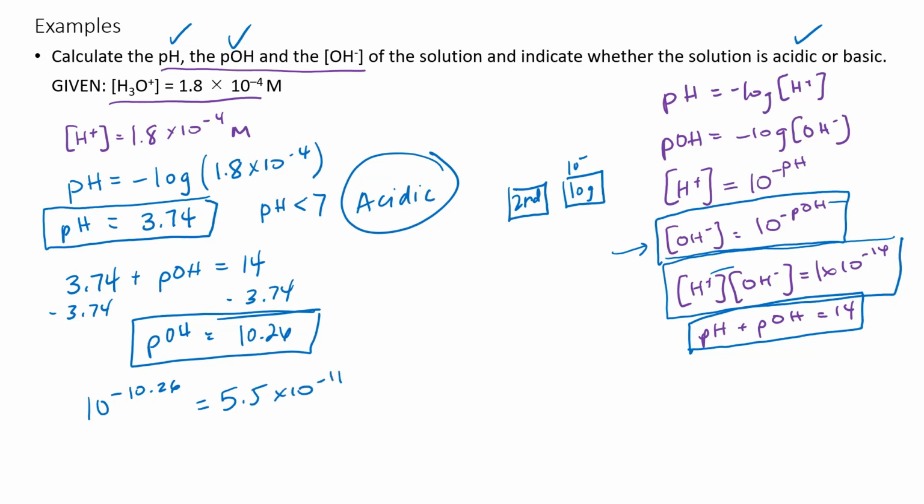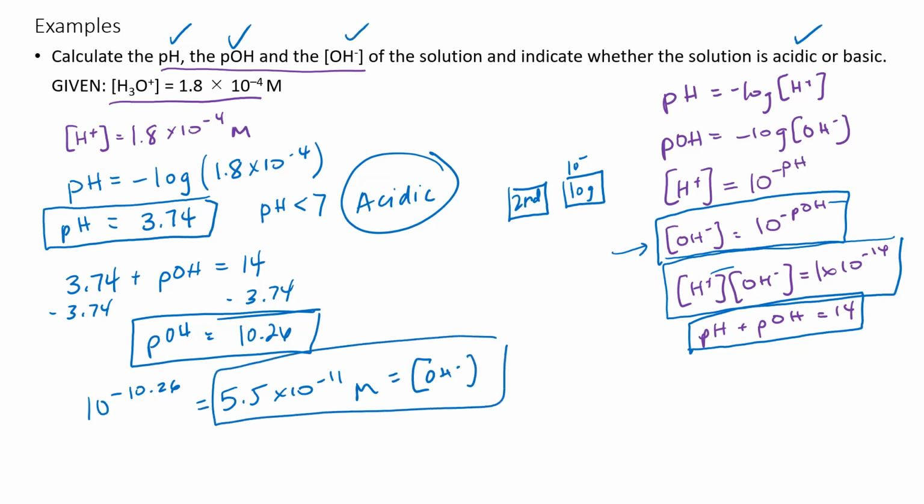All right, so real quick, I want to talk about sig figs with logs. With logarithms, the sig figs are always only behind the decimal place. So in this number, there's only 2 sig figs because it's only behind the decimal place, because we took a log to get that number. In this one, there's only 2 sig figs.